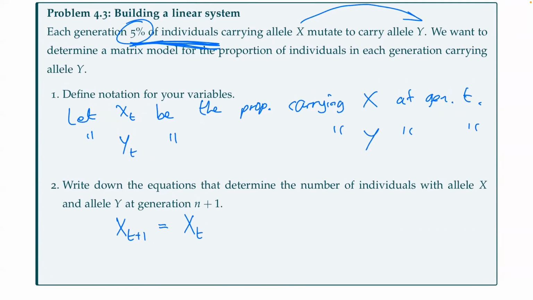So that means that we have what we had before, the XT, and we subtract 5%, so 0.05 times XT. So this is just saying, in the next generation, generation T plus 1, how do we work that out? We take what we had in the previous generation, and 5% of those mutate away.